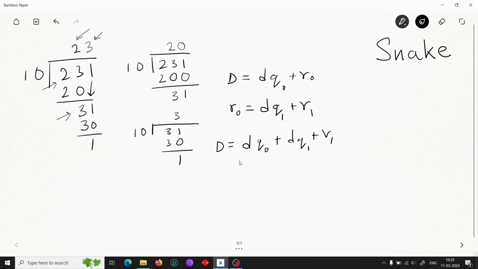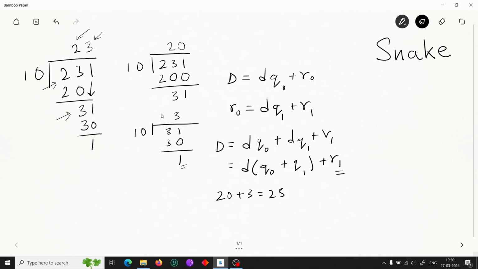We can take the d common here, so this becomes d(q0 plus q1) plus r1. So r1 is the final remainder that is left behind, and q0 plus q1 is basically 20 plus 3, that is 23, which you saw in the original division that we had performed.